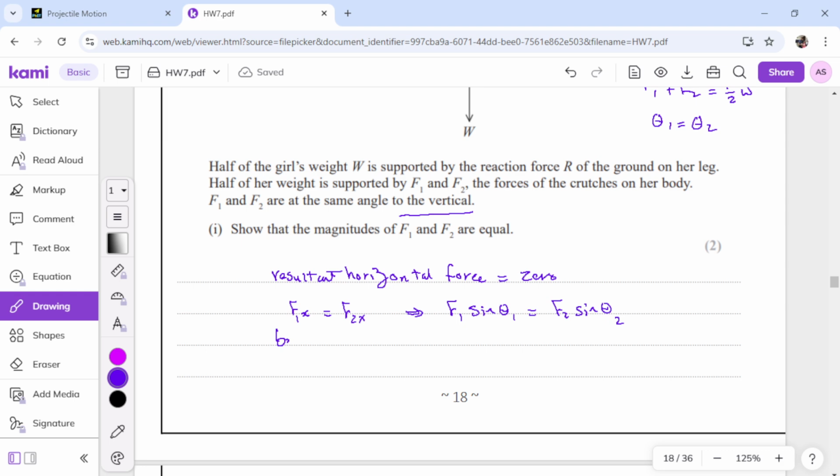And because theta 1 equals theta 2, it means sine theta 1 equals sine theta 2. So this means what? F1 equals F2. Now we gain 2 marks. I'm trying to explain all these steps to make sure you understand my answer. Okay.